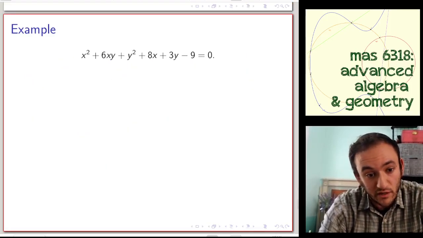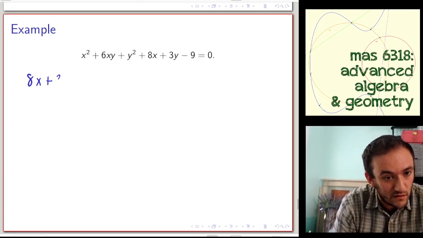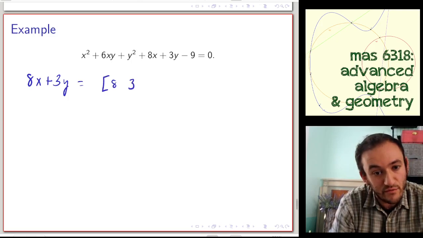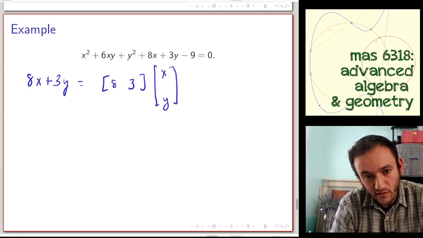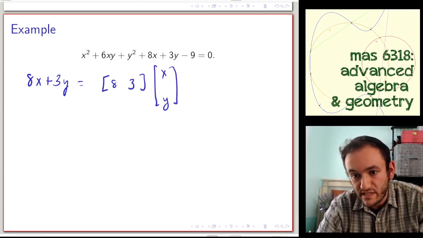For the linear part, we have 8x plus 3y. This is equal to 8, 3 times x, y. And we know that x, y is equal to U transpose times x prime, y prime.